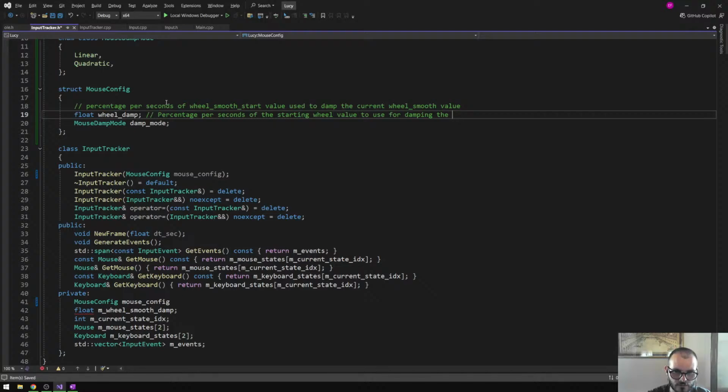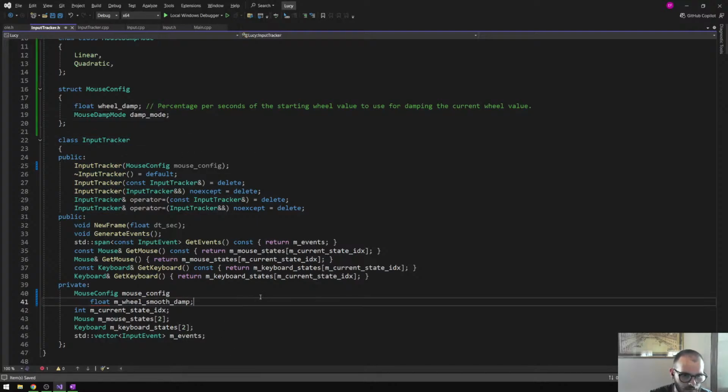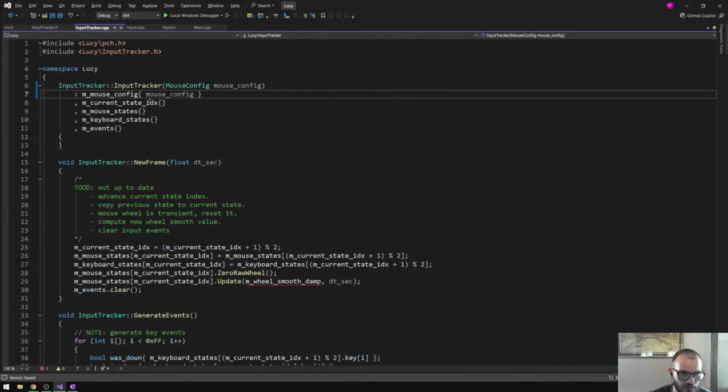Value to use to damp the current value. Percentage per second of the starting wheel value to use for damping the current wheel value. Mode. The mode is the mode. Like mouse config. Oops, this is mouse config.